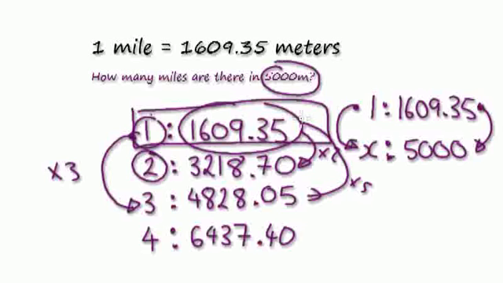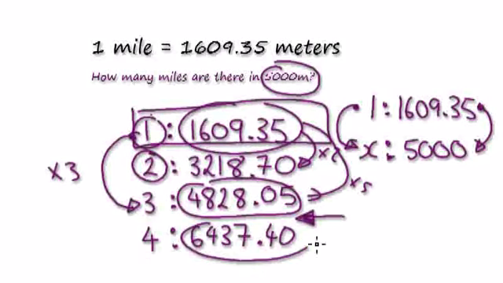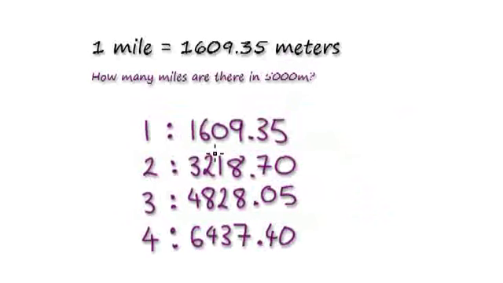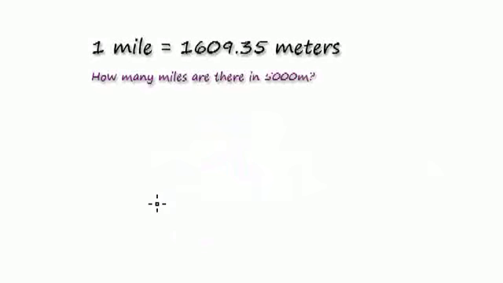Now we want 5,000 meters. 5,000 lies somewhere between this number and this number here. So your answer in miles should be between 3 and 4. Okay. So anyway, press pause and have a go.